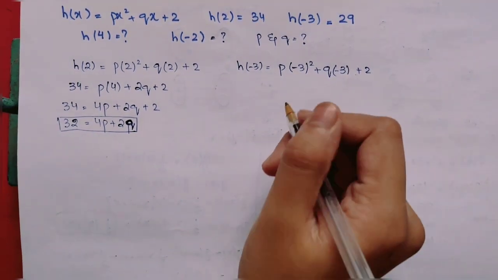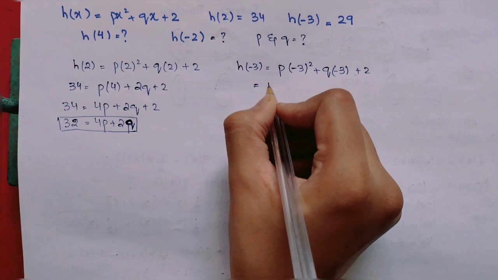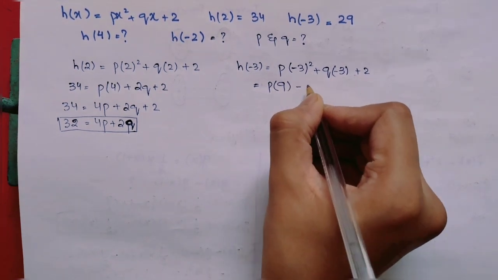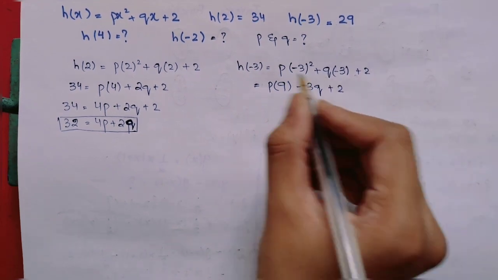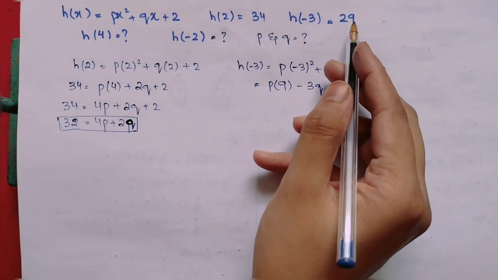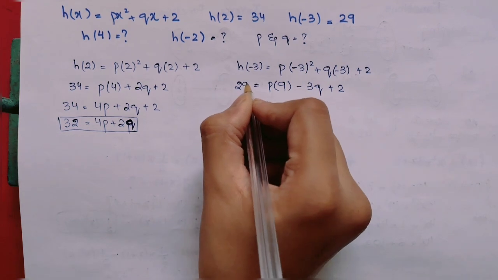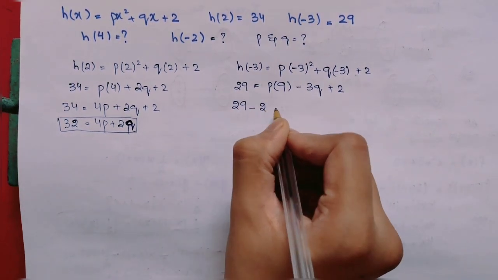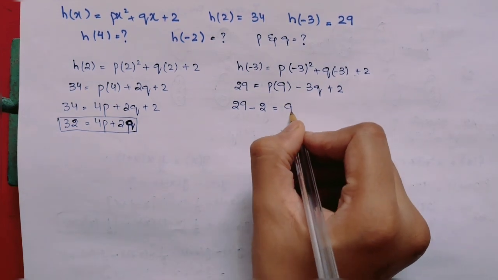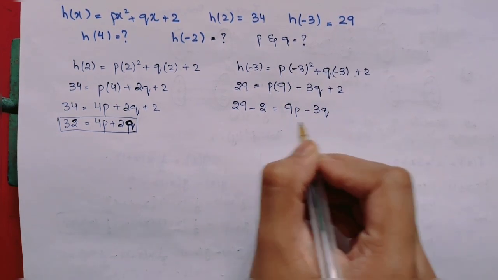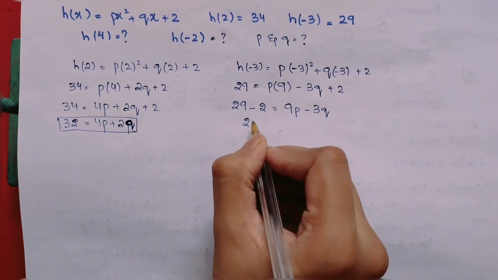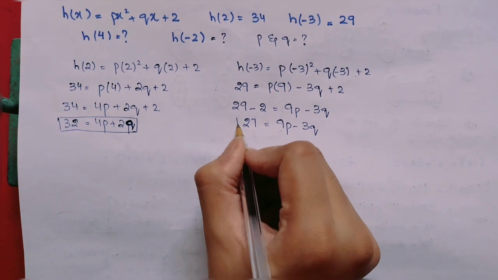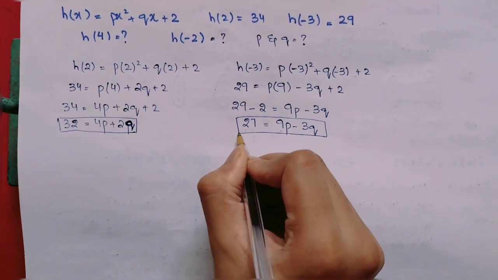Now p times minus 3 square becomes 3 3s are 9, plus minus 3q plus 2. H of minus 3 is given, you already know the answer, which is 29, so I am putting it here, 29, and the 2 is adding, so we subtract it on the other side, and it becomes 9p minus 3q. 29 minus 2 becomes 27, which is equal to 9p minus 3q. This is your second equation.